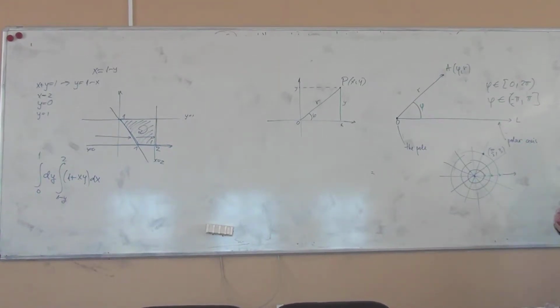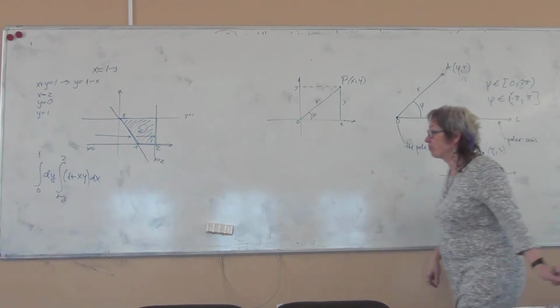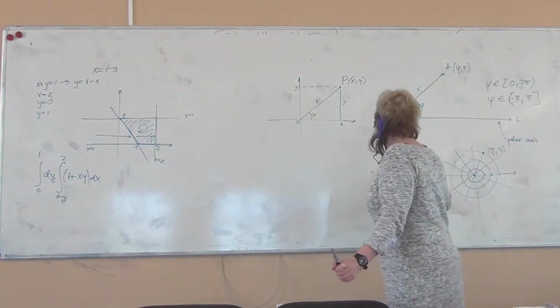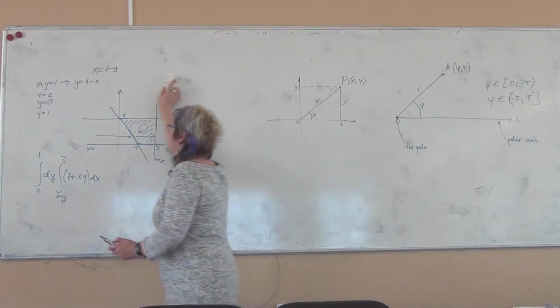So it depends on the convention. Sometimes it's easier to deal with phi from 0 to 2 pi, and sometimes it's easier to deal with phi from minus pi to pi. It's the matter of convenience, whichever way is more convenient.